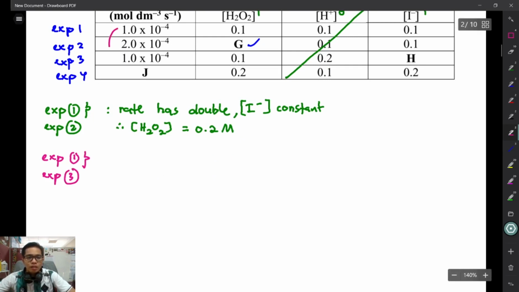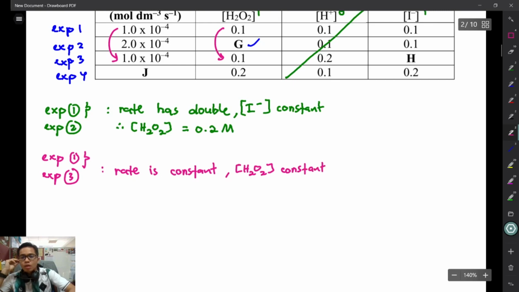The rate is constant, and the concentration of H2O2 is constant. Since the rate is constant and the H2O2 is constant, that will mean the concentration of I minus is also constant, which is equal to 0.1 molar.